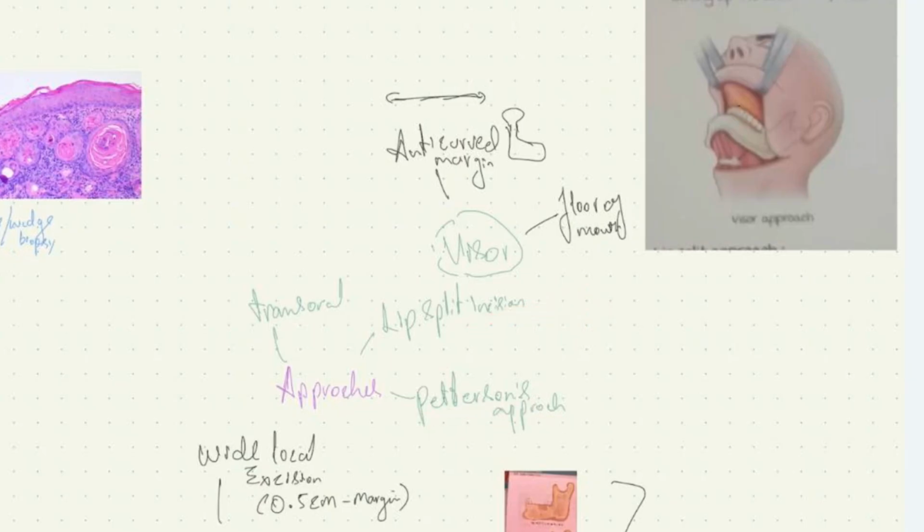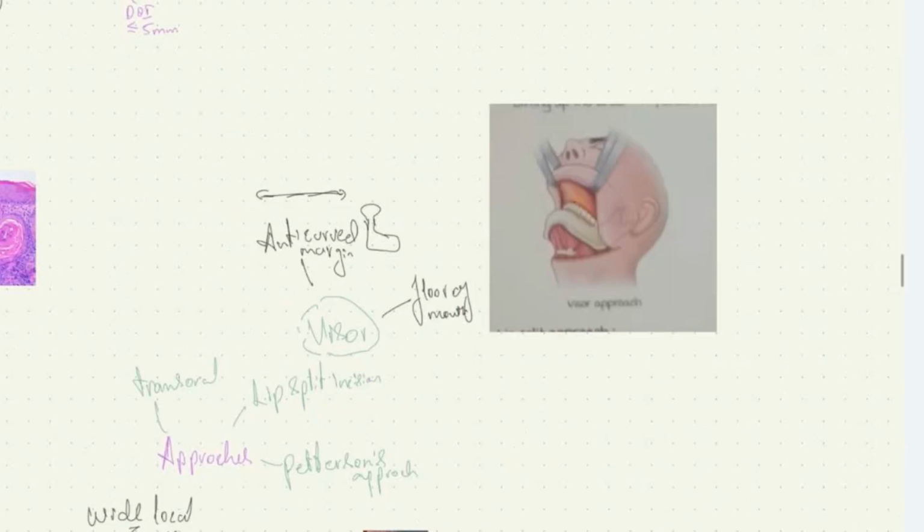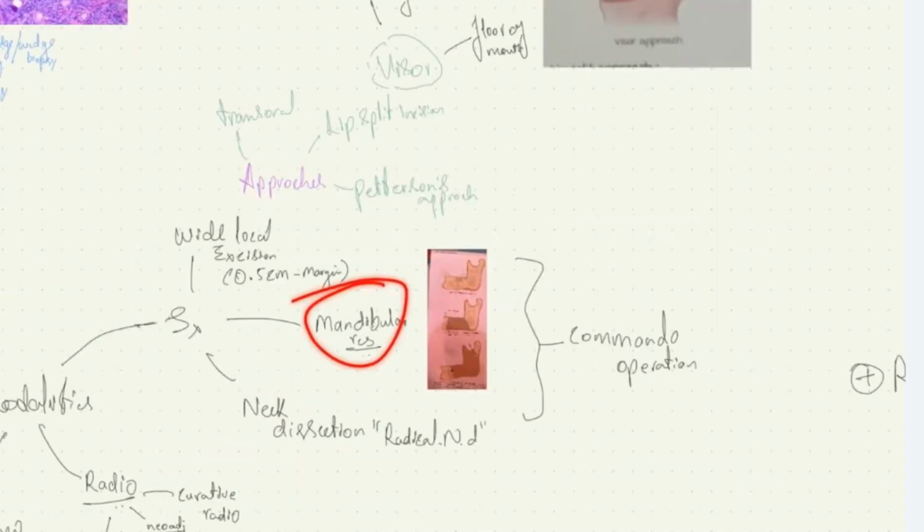The other approach, we have Weber method, where we give an anterior curvilinear incision in the mandible, followed by raising of flap, and we access the primary lesion through the floor of mouth.